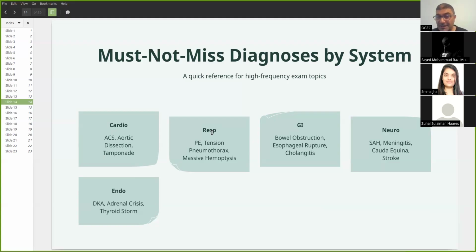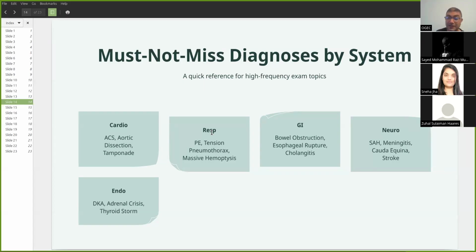In the gastrointestinal system, bowel obstruction, esophageal rupture, cholangitis, GI bleeding. These are the important must not miss diagnoses. In the neurological system, subarachnoid hemorrhage, meningitis, cauda equina syndrome, stroke.